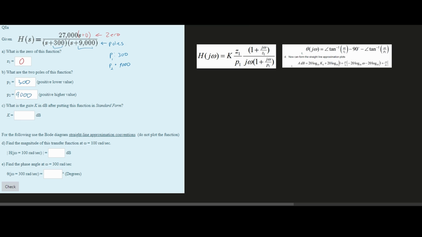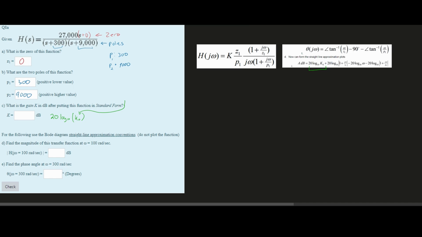Now we need to find our K, which is the gain, and we're putting it in standard form. To find the gain K, we need to use this formula right here, where we have 20 log base 10 and then the K naught. Our K naught we'll find up here.